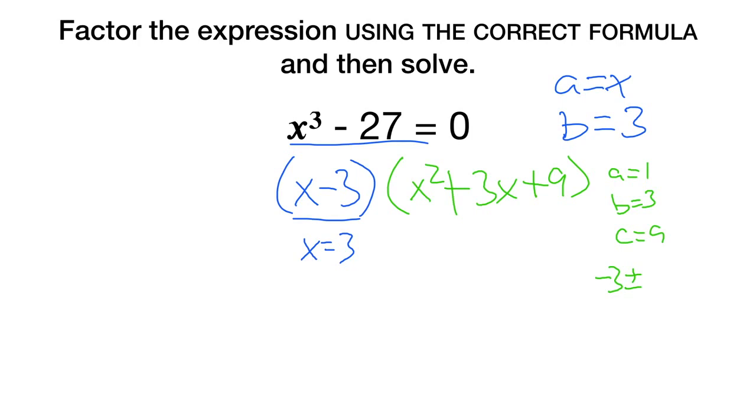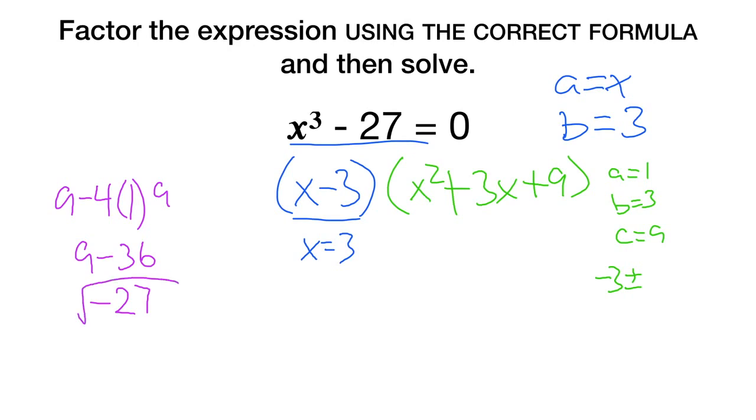Now I'm going to go find that discriminant. So this becomes b squared, so 9 minus 4 times 1 times 9. So that would be 9 minus 36, or negative 27. So let's see, the square root of negative 27, well, I already know that that is the square root of negative 1, which is i, times the square root of 9 times the square root of 3.